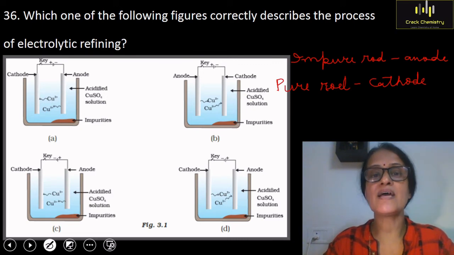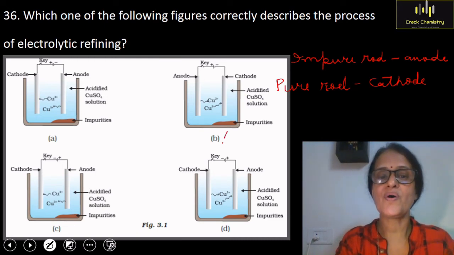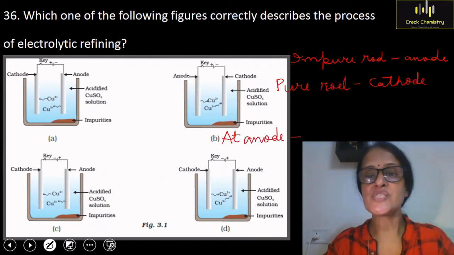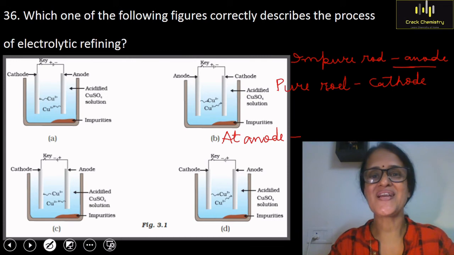After selecting anode and cathode, I will discuss the reactions which take place at anode and cathode. Children, at anode, oxidation will take place. Oxidation means loss of electrons. As we have seen, the impure rod was taken as anode. So at anode what will happen?